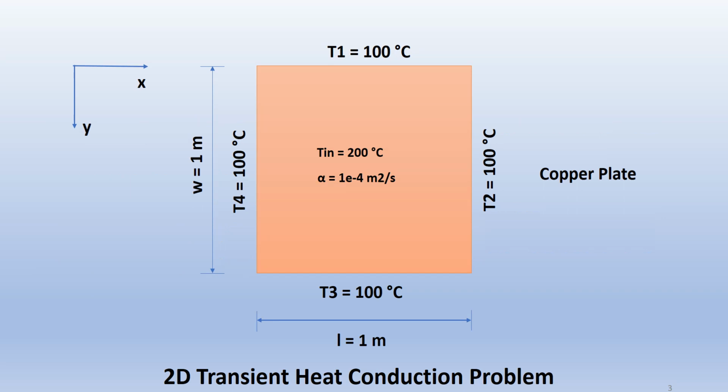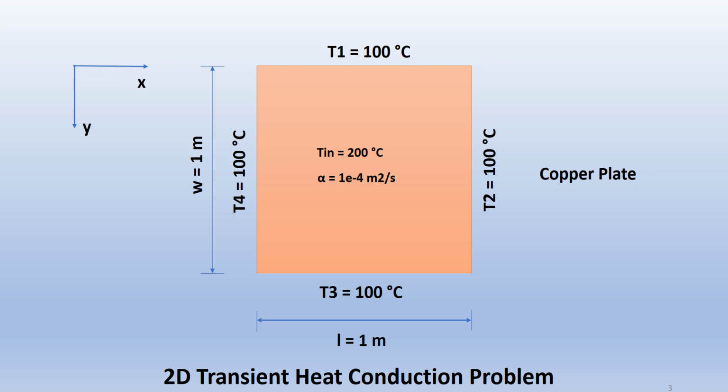Our domain is a square copper plate. The initial temperature of the copper plate is 200 degrees Celsius. The material property called thermal diffusivity, represented by alpha, equals 1e-4 meter square per second.